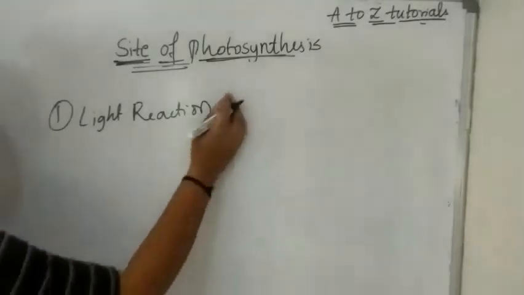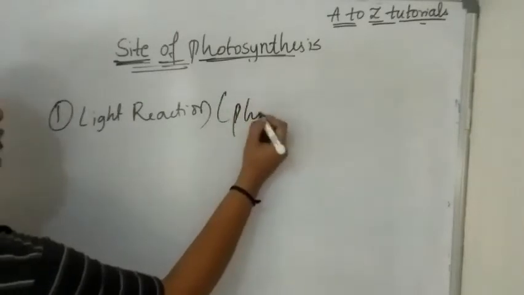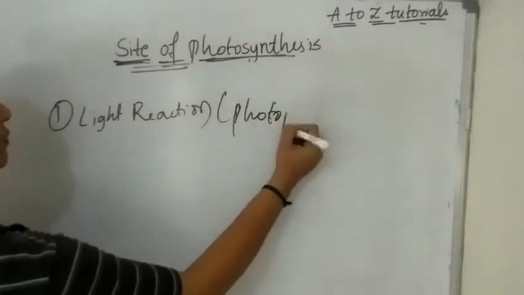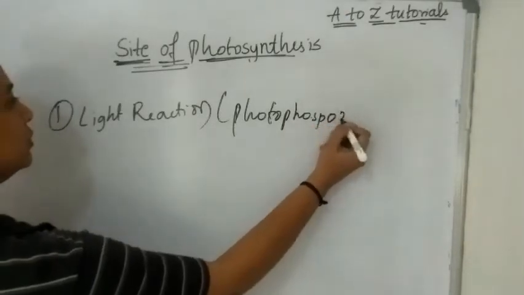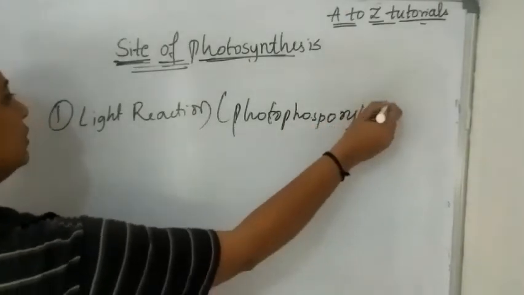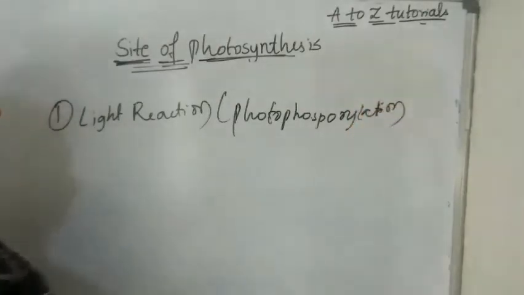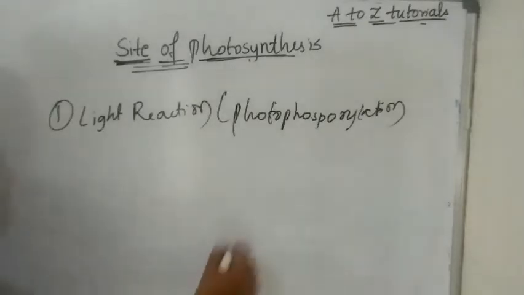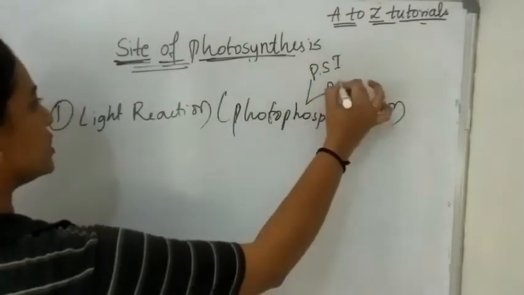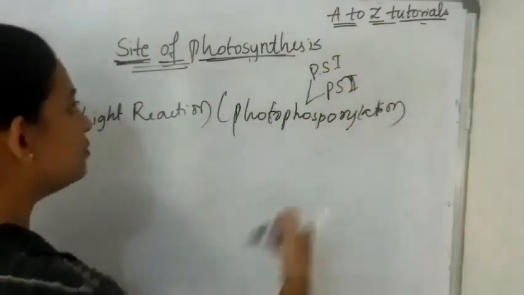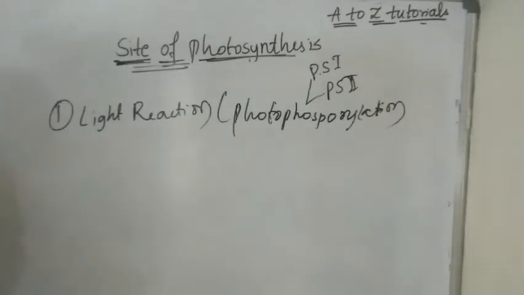This light reaction is also called as what? Photophosphorylation. Okay, here in this photophosphorylation there is PS1, photosystem 1, and photosystem 2, which we are going to learn simultaneously in the next classes.